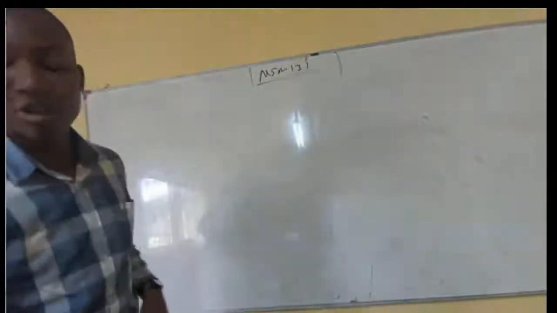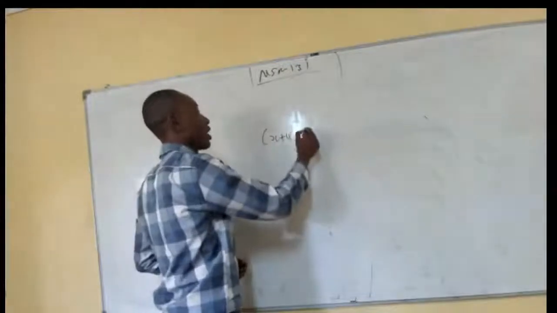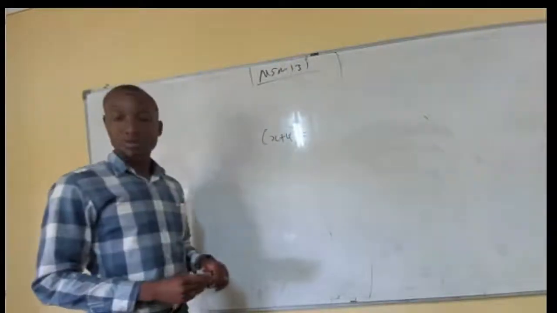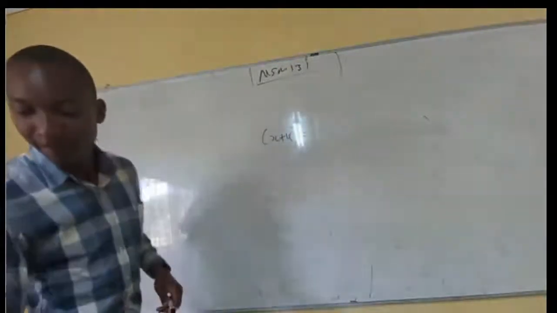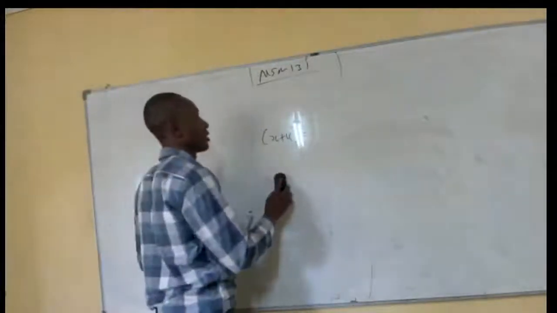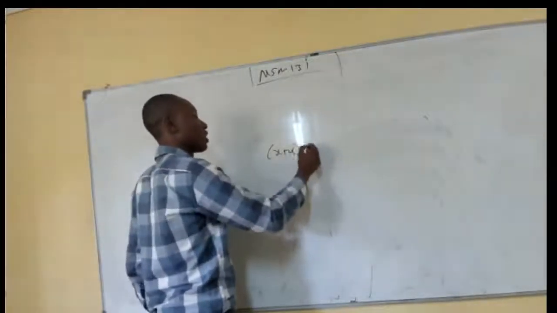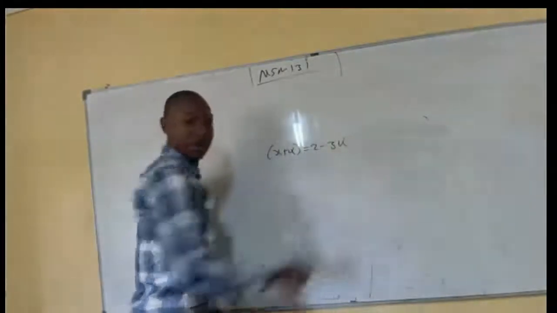So I'm only doing the first question, which says (x + k)² is equal to 2 − 3k.